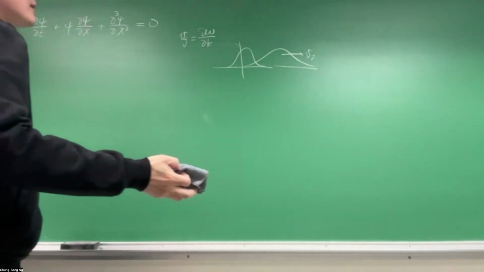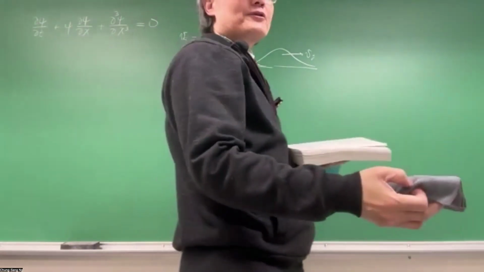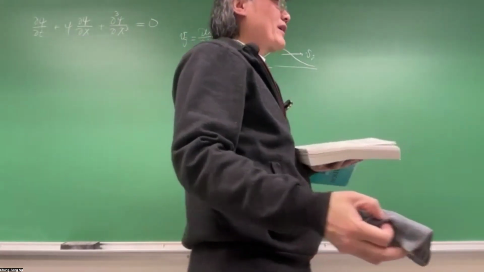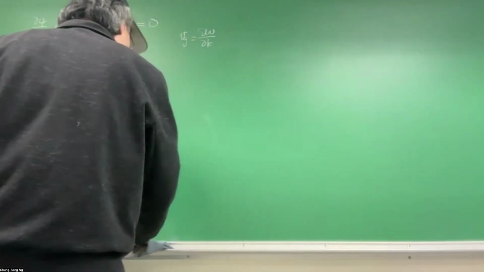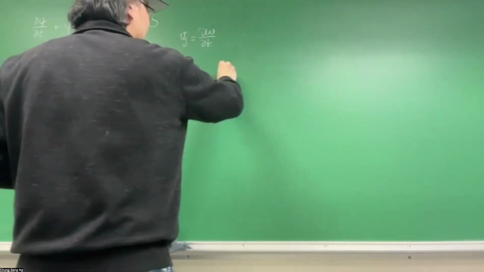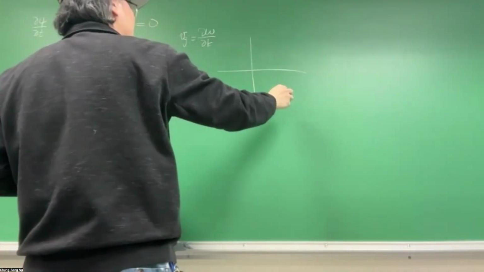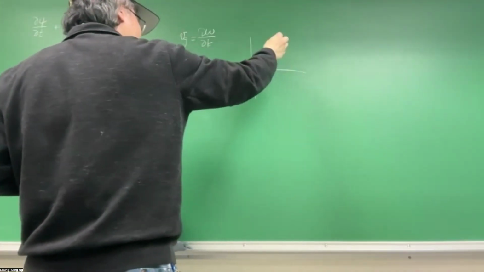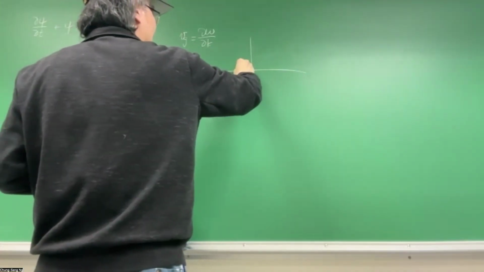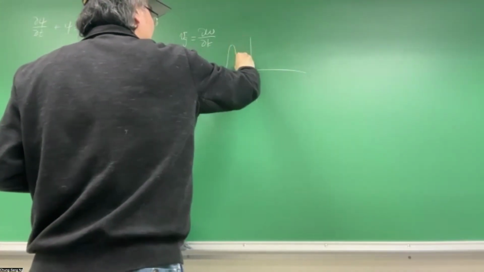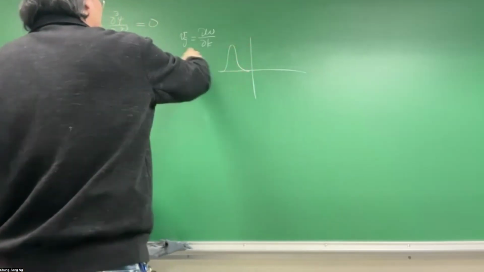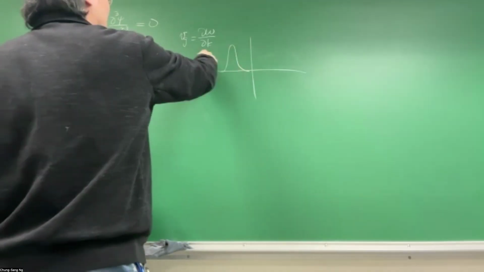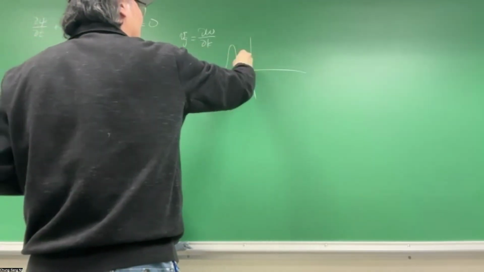Then finally, there's some kind of special solution where these two effects cancel each other. There are special initial conditions, a certain shape of the initial profile of the function psi.